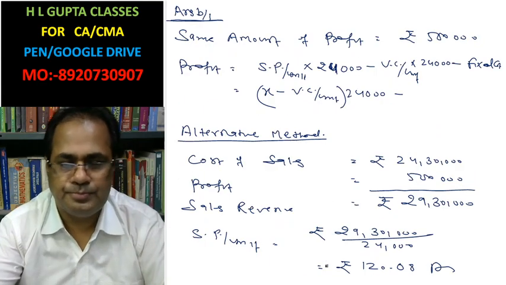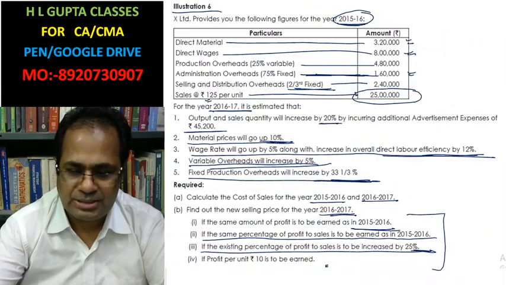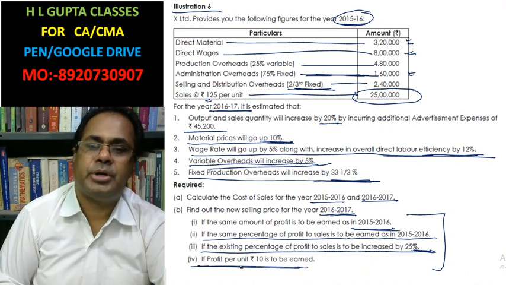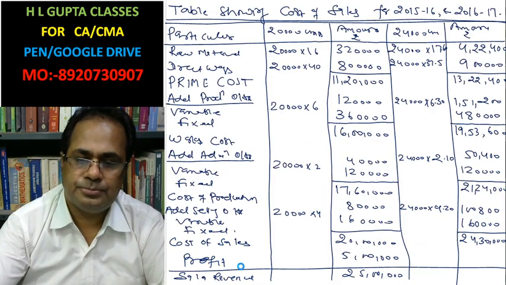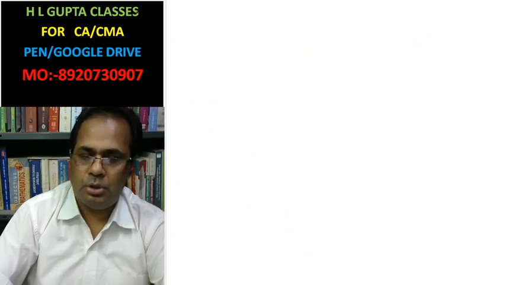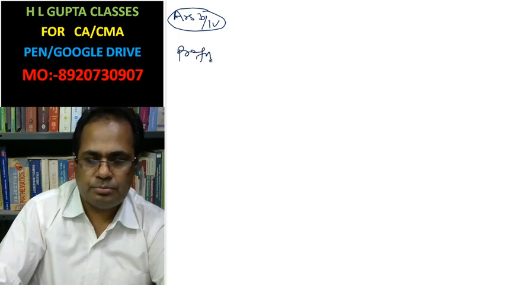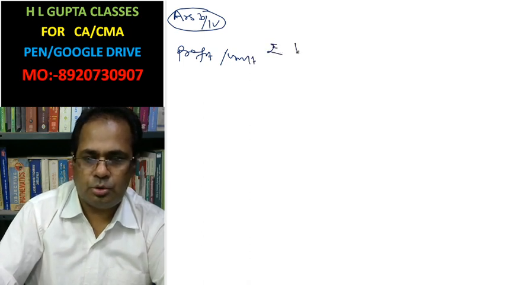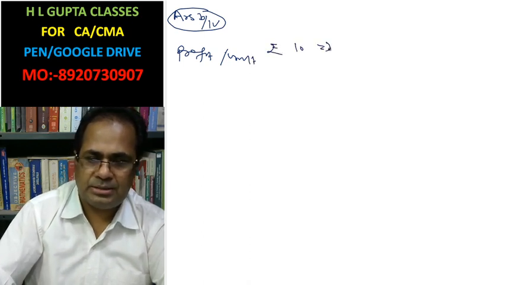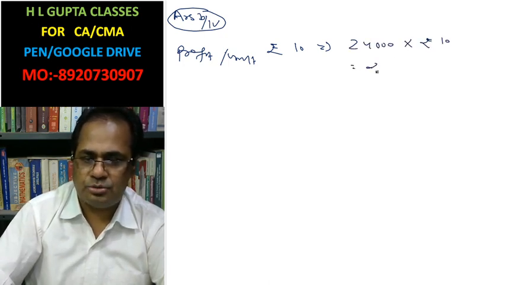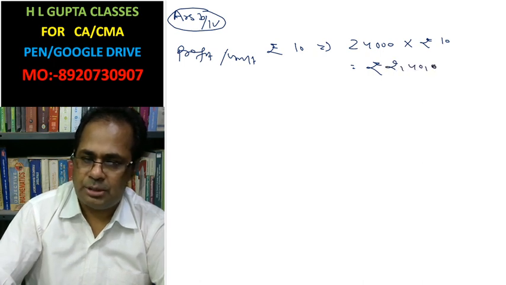Last part we have. What is it saying here? If the profit per unit of 10 is earned, per unit 10, this is also very easy. Answer of part B, fourth term. Profit per unit rupees 10, that is 24,000 units at rupees 10, that is rupees 2,40,000.